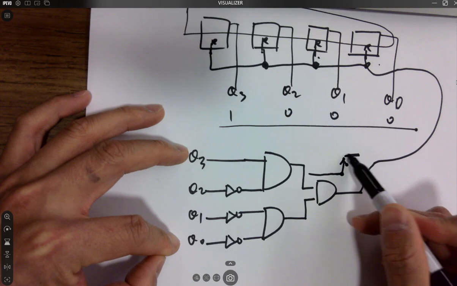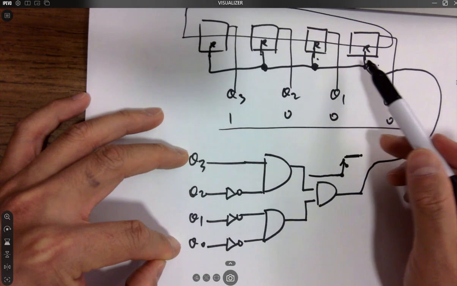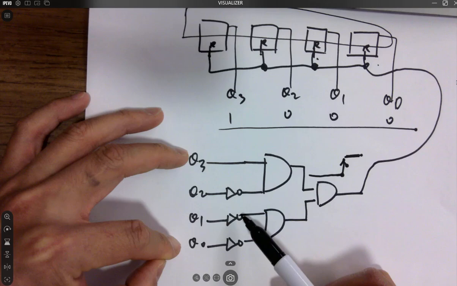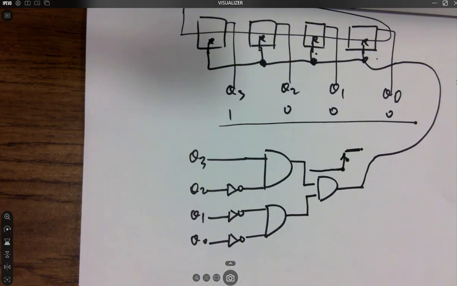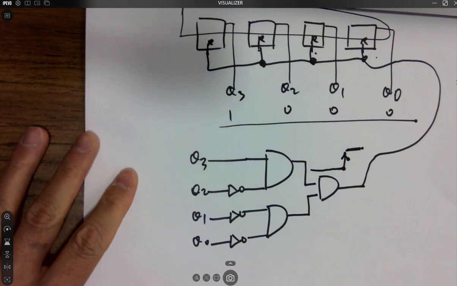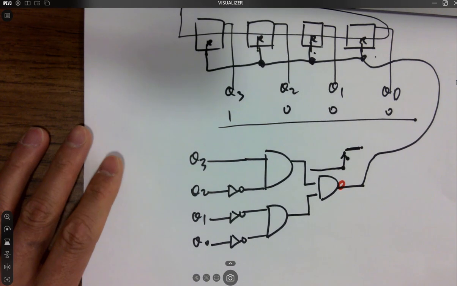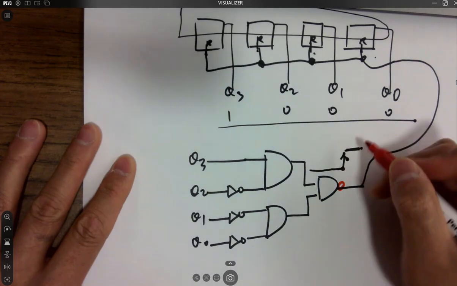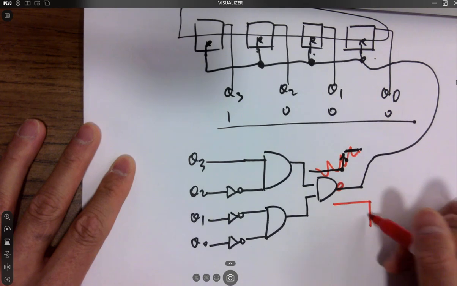However, all these D flip-flops require a dip, not a bump. So is there anything you can change easily here to make that happen? Just invert. So instead of a bump, it will always be 1.